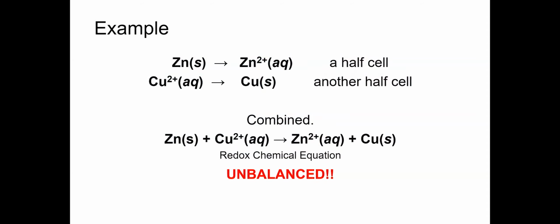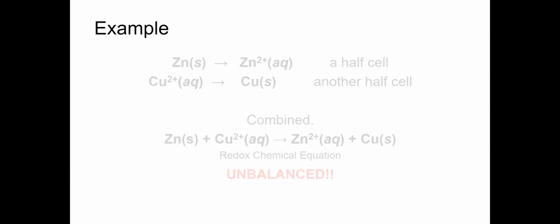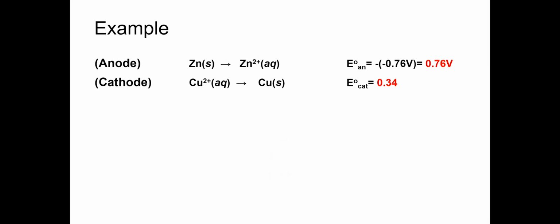So, we also need to consider this type of equation because it is still not balanced. We are only going to the computation first of the cell potentials. And what are these? We will try to explain cell potentials.